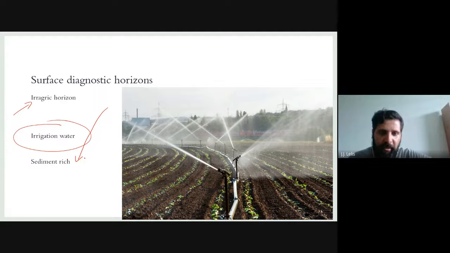So we add water by irrigation, but we also add sediments, solid particles. And if this site is under the influence of irrigation for a long time, we start to accumulate solid materials on the surface and create a surface horizon.